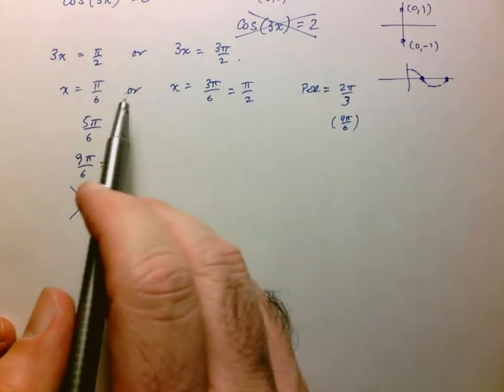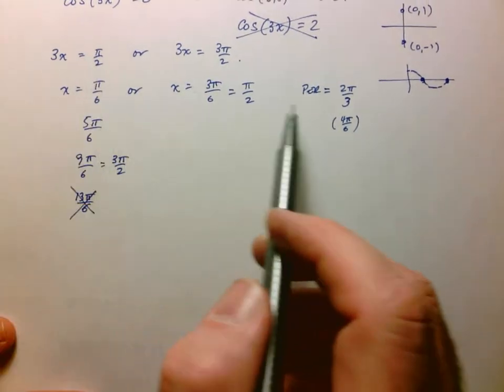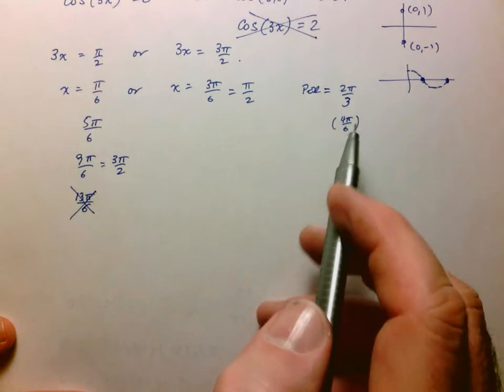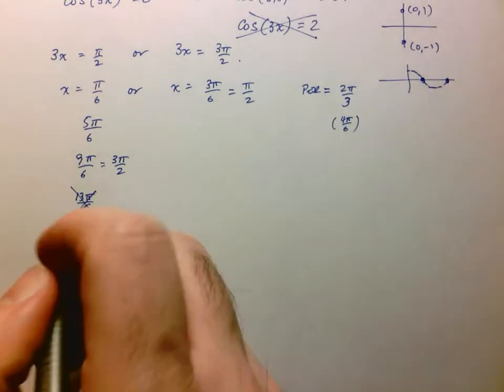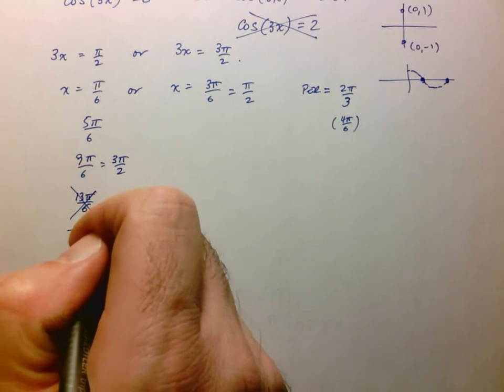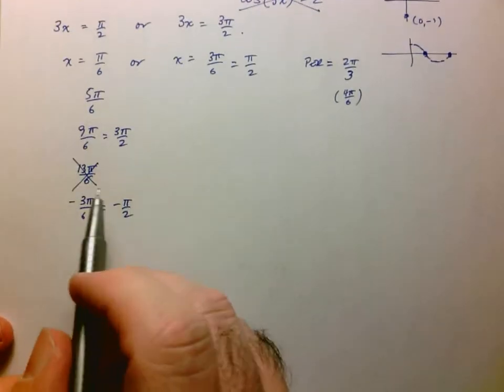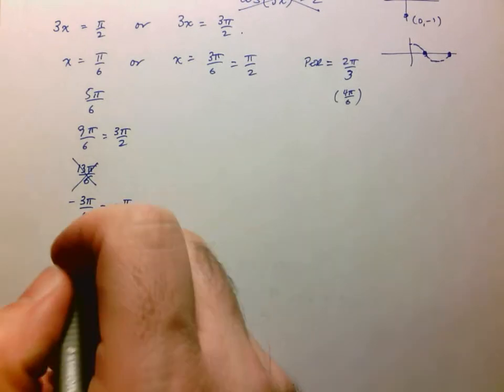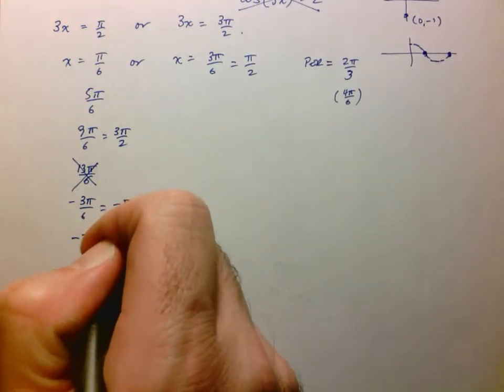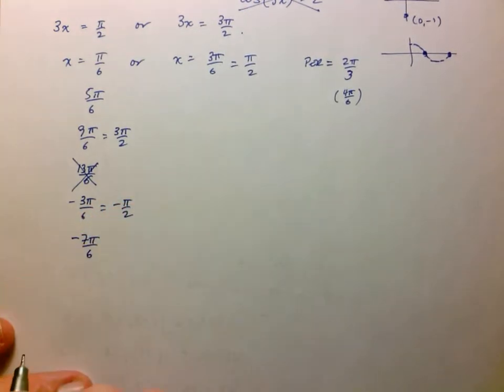Let's start subtracting. Pi over 6 minus 4 pi over 6 gives me negative 3 pi over 6, which is just equal to negative pi over 2. Negative 3 minus another 4 is going to give me negative 7 pi over 6. That's still good.